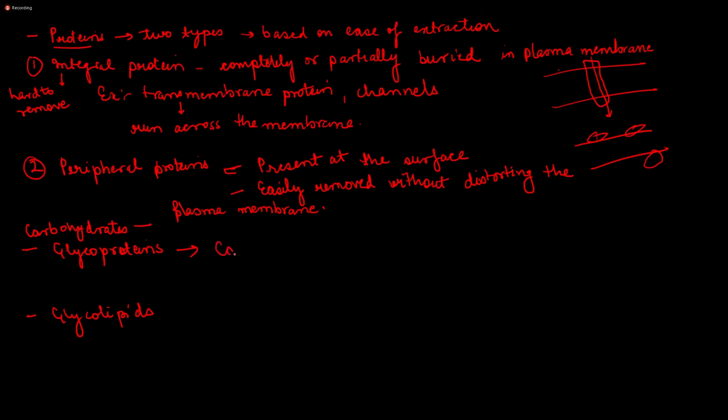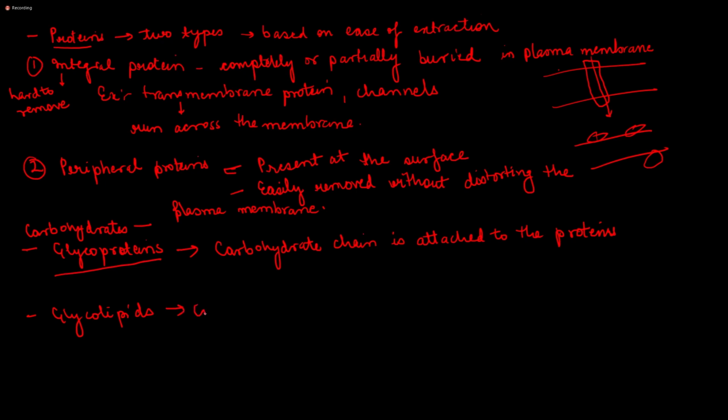The carbohydrate chains are attached to the proteins. So these kinds of structures are called glycoproteins. Now, what are glycolipids?